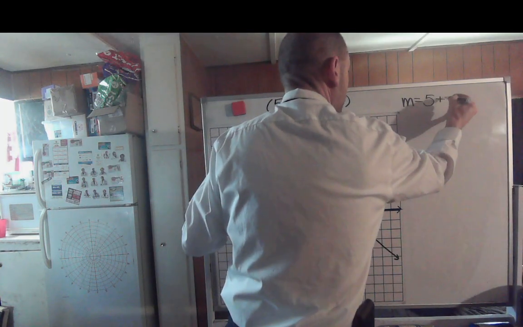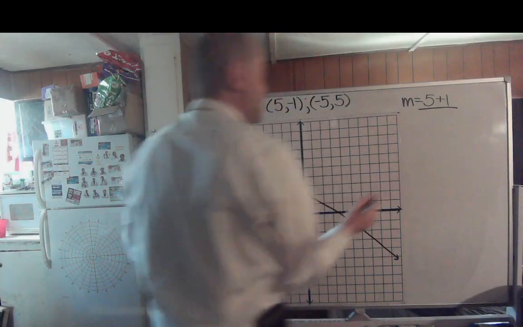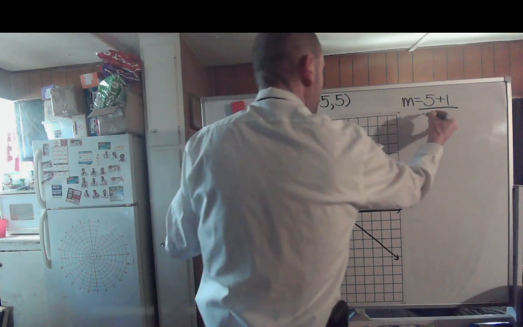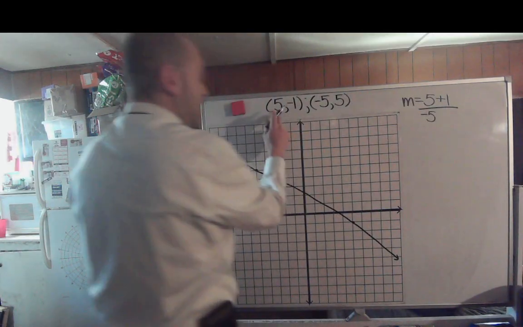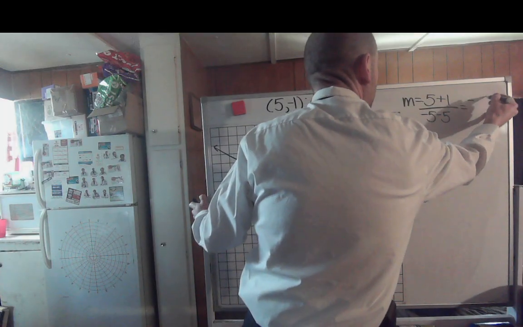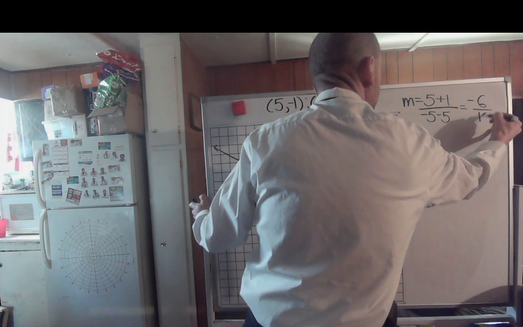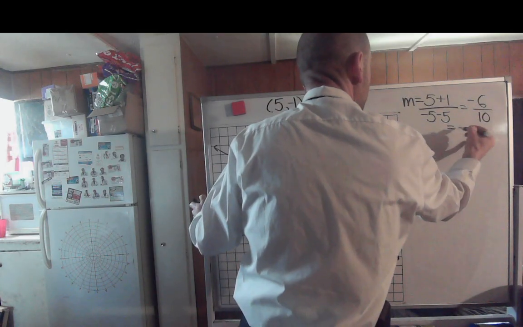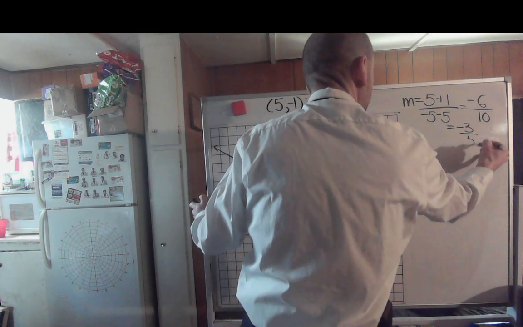That'd actually turn into 5 plus 1, all over your x2 of negative 5, minus your x1 of 5. So this would end up giving you negative 6/10, which means your slope would be negative 3/5.